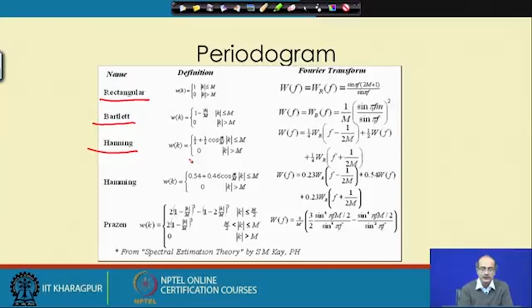and that cosine we know, when the angle is 0 it is 1, and as we increase the angle, the value will decrease. The Hamming window is also very close to the Hanning window, the only thing is the proportion is changed, the DC value and this value are changed.